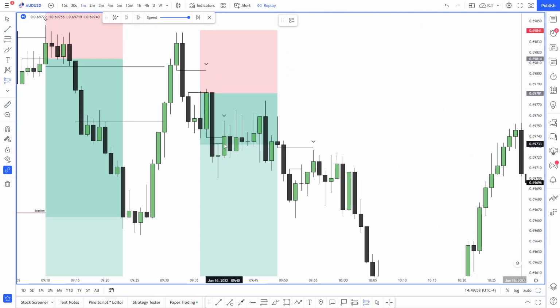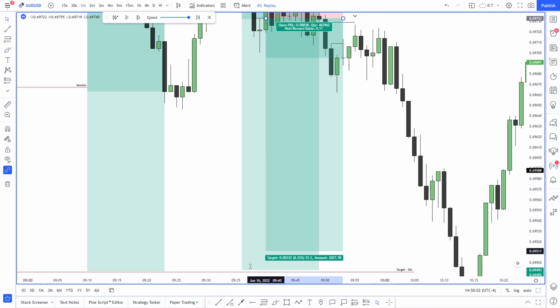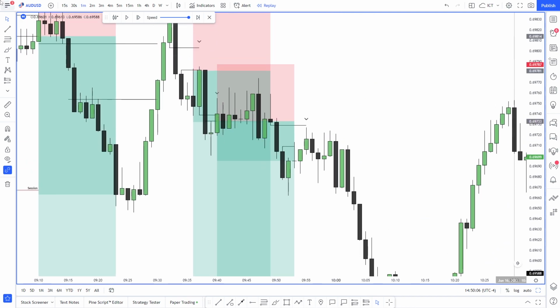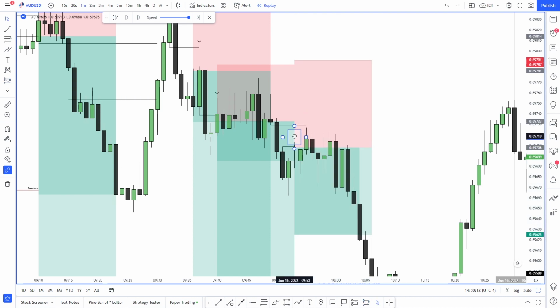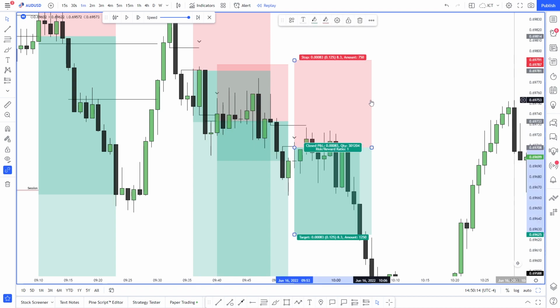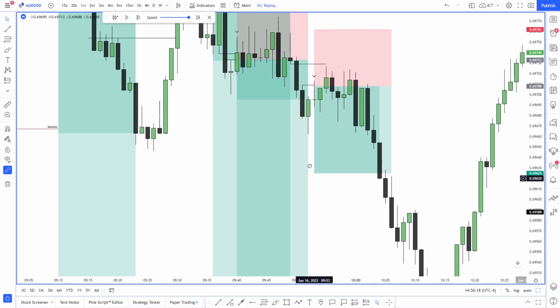Then we get this one, 4.46. Then I get this one. Note this like that. Stop loss has to be about this high, and that was the last trade.